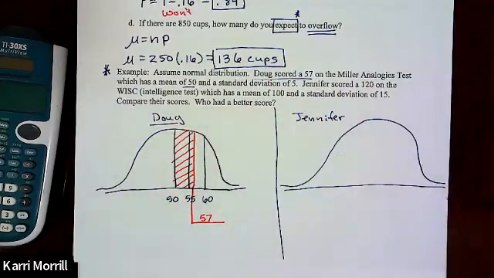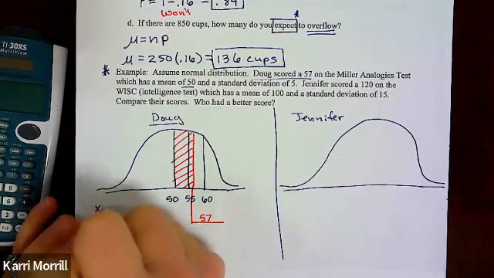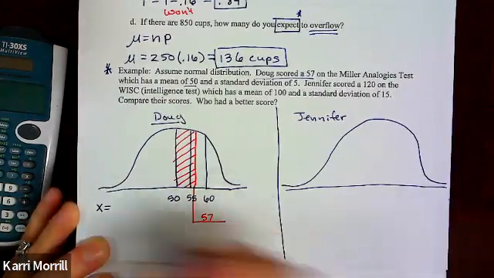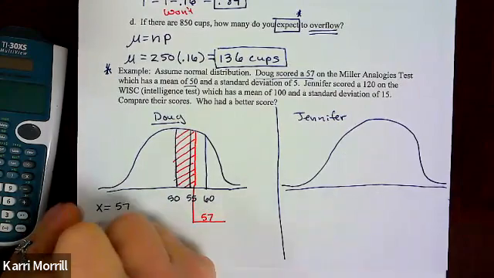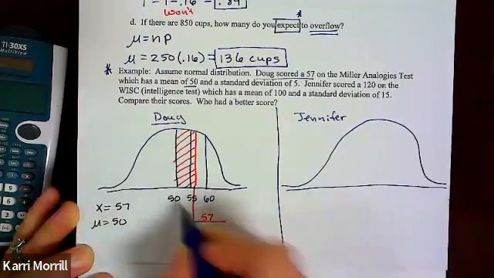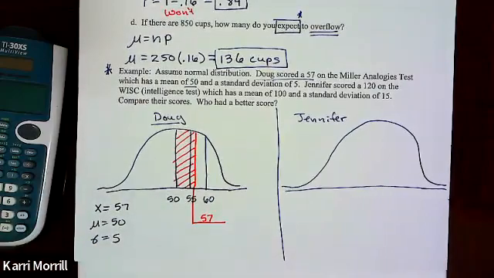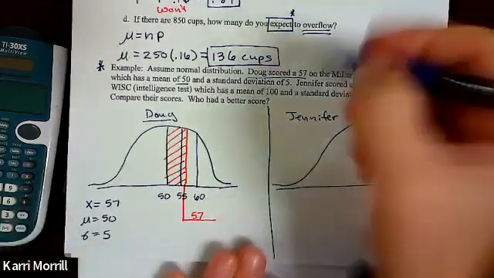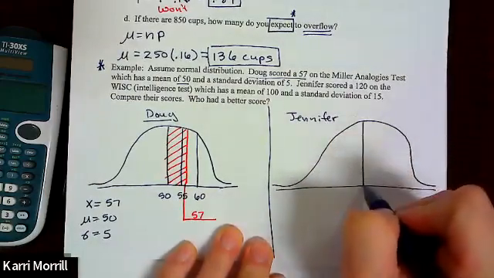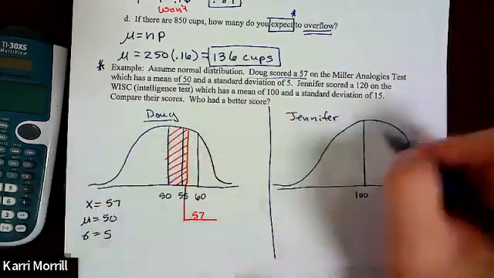So let's go ahead and just draw this though for now so you can look at it. So we're saying that his score, which is going to be our X value later, going to go ahead and write that down, is 57. His mean for this test is a 50, and the standard deviation was a 5. I just kind of want to write some givens so it's already there. Jennifer, she did a different test, and the mean of that test is a 100 with a standard deviation of 15.